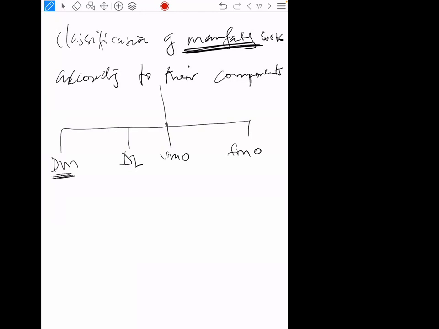So now you need to know the definition of each. Are we together? So that when you're costing your product, you can say, okay, this is direct material, this is direct labor, this is variable manufacturing overheads, and stuff like that. I want to take you through the book definition of these costs for your clarity and understanding.